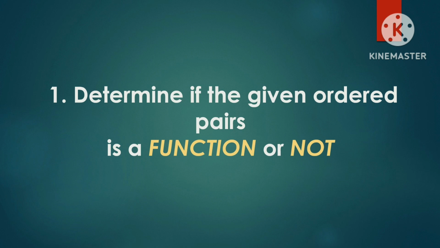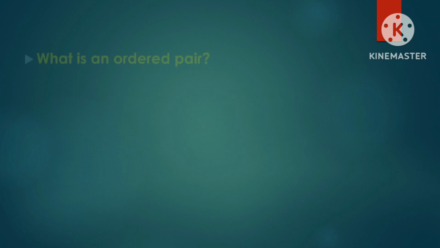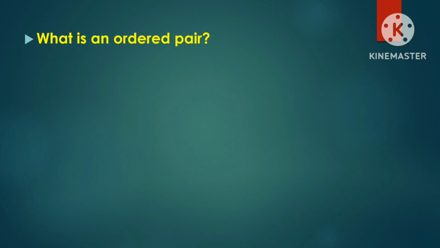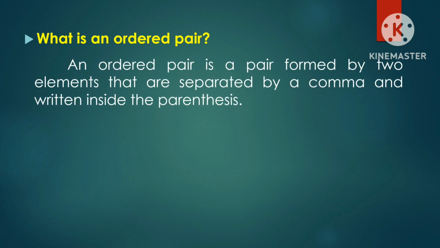So first, let's learn how to determine if the given ordered pairs is a function or not. But first, I have a question. What is an ordered pair? So ano nga ba yung tinatawag nating ordered pair? Now, when we say ordered pair, it is a pair formed by two elements that are separated by a comma and written inside the parentheses.